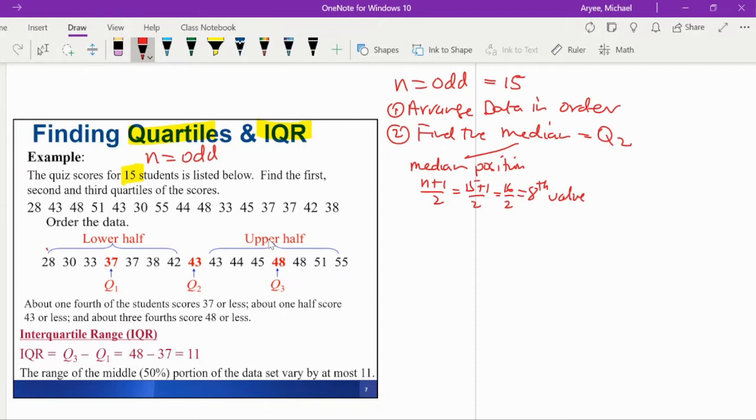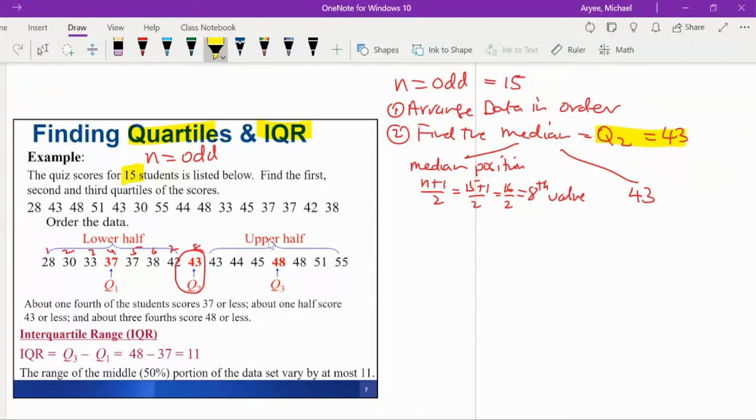So let's see. 1, 2, 3, 4, 5, 6, 7, 8. So this is the median. So here the median will be what? 43. So Q2 is 43. Okay, so that is how we could find Q2, just like you've been doing before.